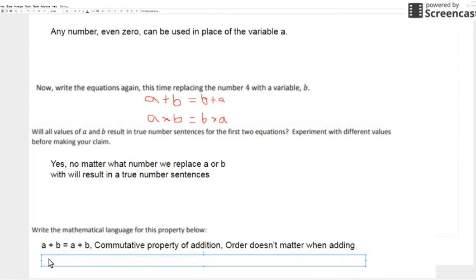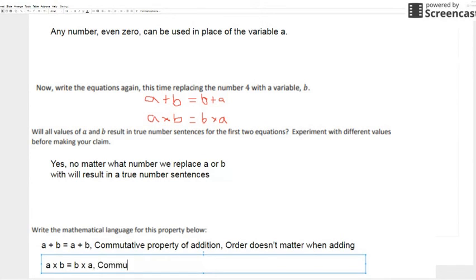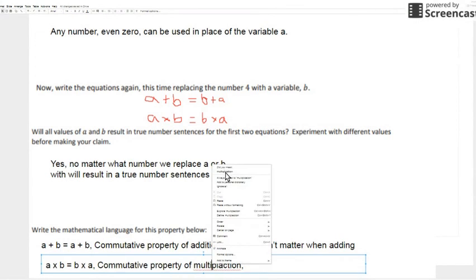A times B equals B times A. This is called the commutative property of, now instead of addition, this is now multiplication.